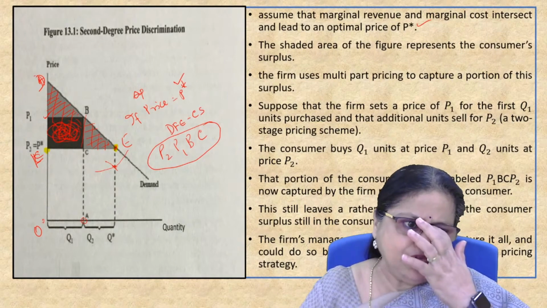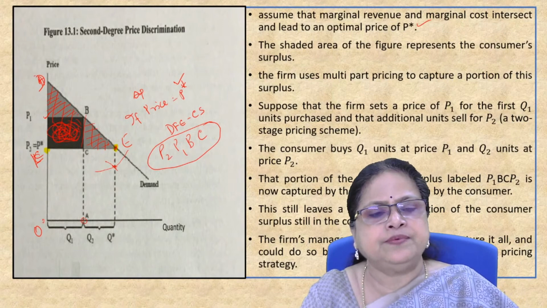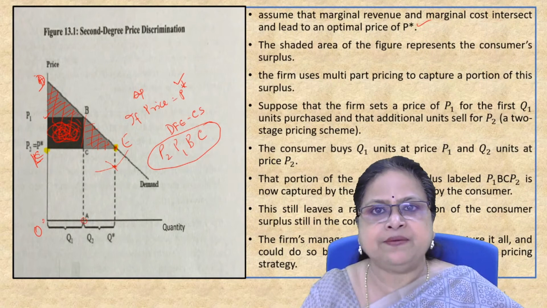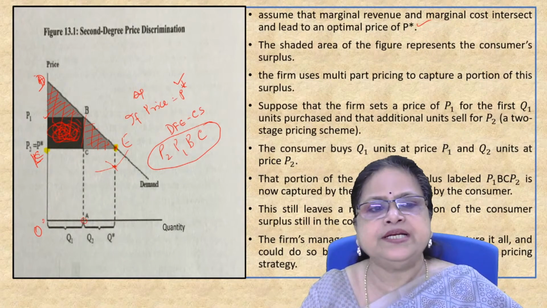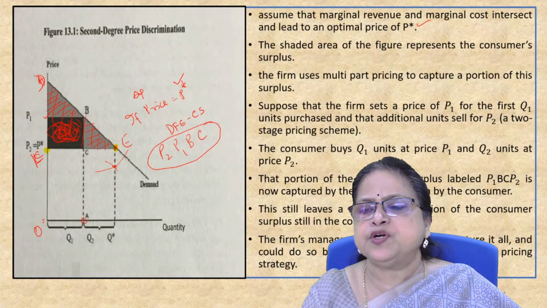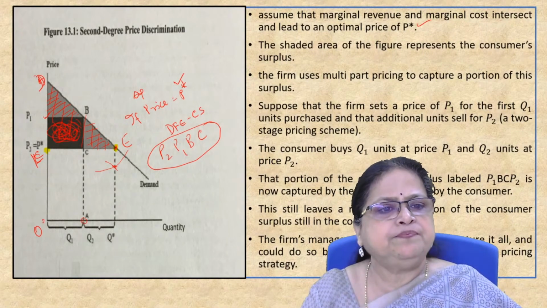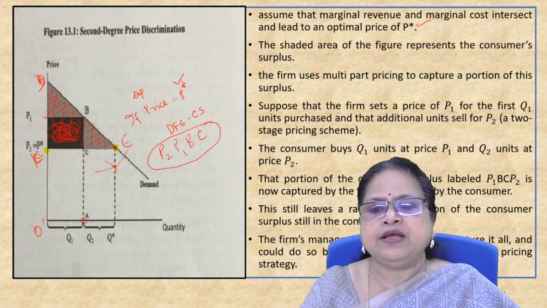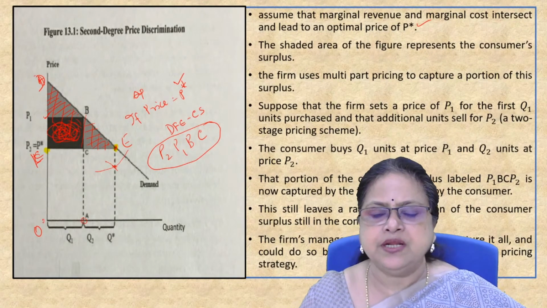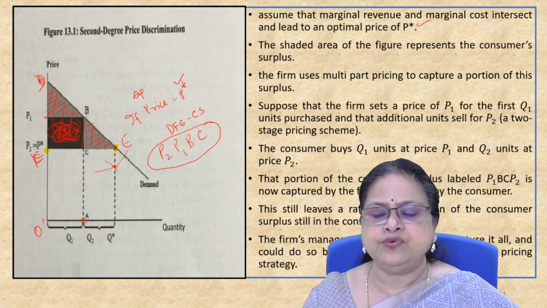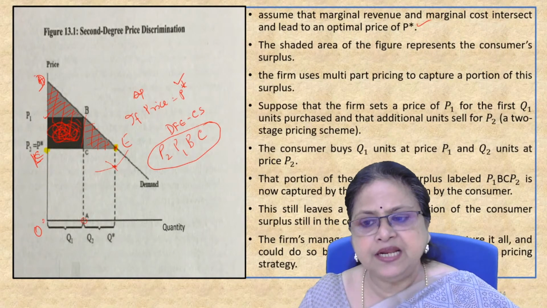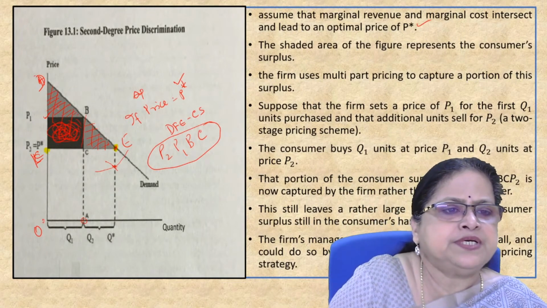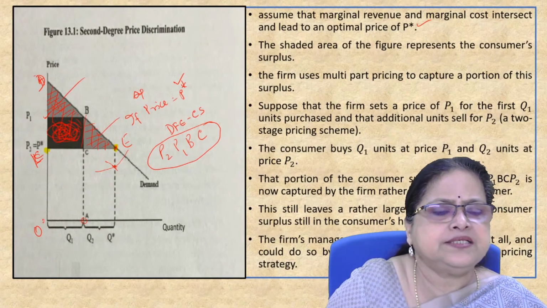The consumer buys Q1 units at price P1 and Q2 units at price P2, and that portion of the consumer surplus labeled P2, P1, B, C is now captured by the firm rather than by the consumer. Still there is a large portion of consumer surplus in the consumer's hand. Here this much is in the consumer's hand, and this is in the consumer's hand.